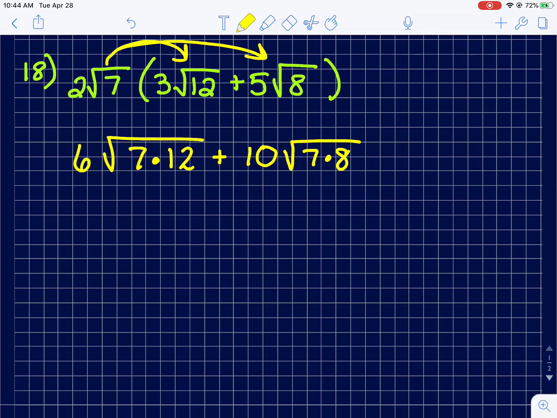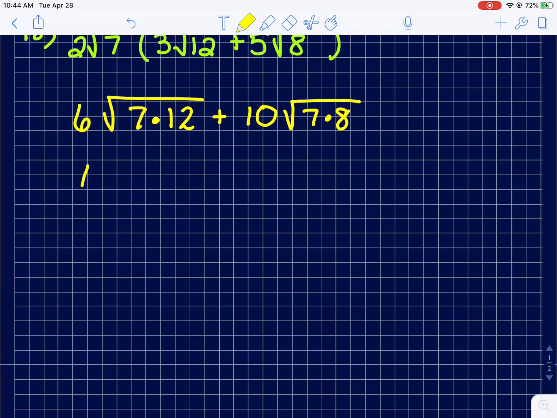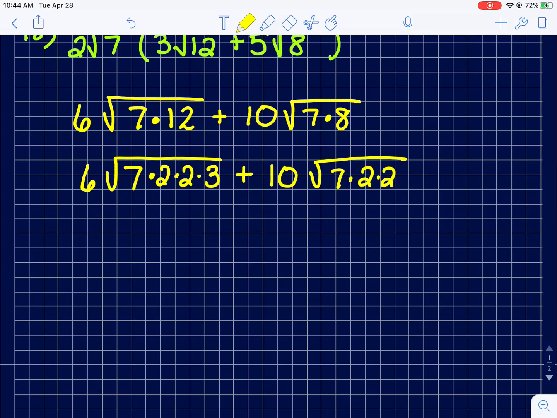Now I'm going to prime factor to see if there are any pairs that can escape. So we have 7, and 12 is 2 times 2 times 3. On the outside of our second term we have a 10, and on the inside we have 7 times 2 times 2 times 2.